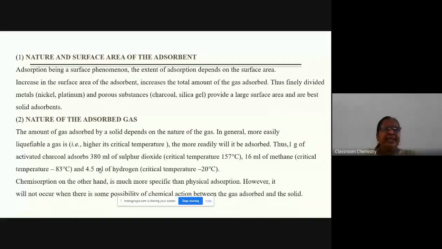That is, if we increase the surface area of the adsorbent, it will increase the total amount of gas adsorbed. How is the surface area increased? That is, finely divided metals like nickel and platinum have a higher surface area, and they will adsorb a greater number of molecules or atoms or ions of another substance, and therefore the adsorption will increase.